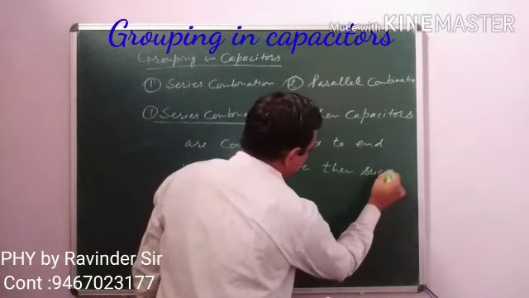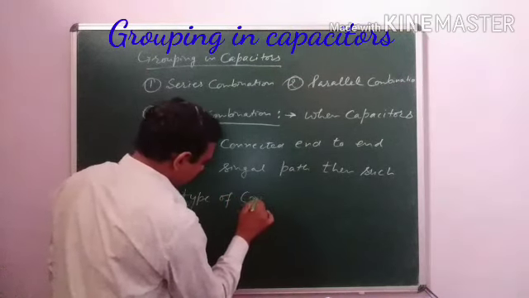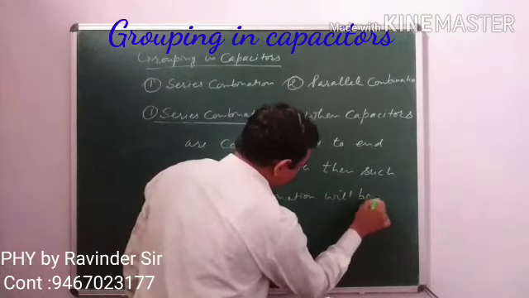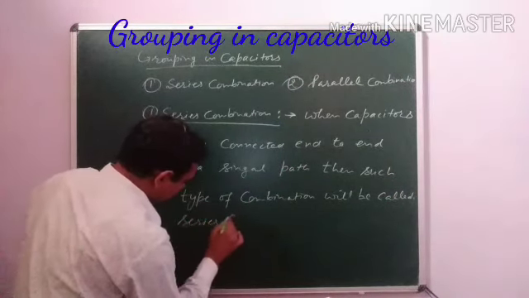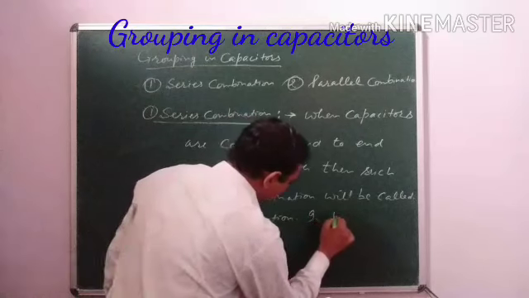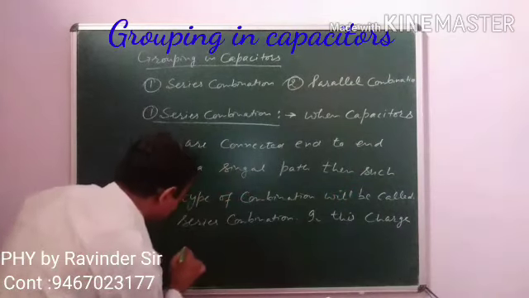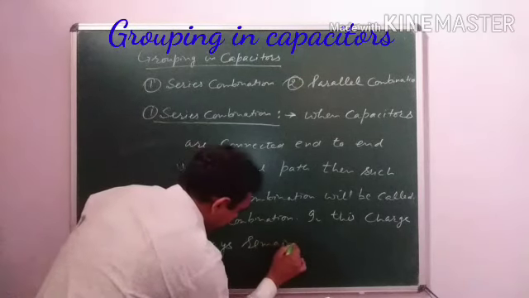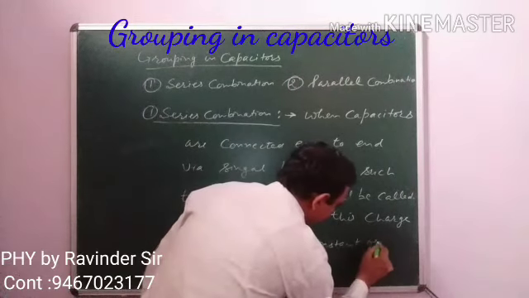Then such type of combination will be called series combination. In this, charge always remains constant or same.